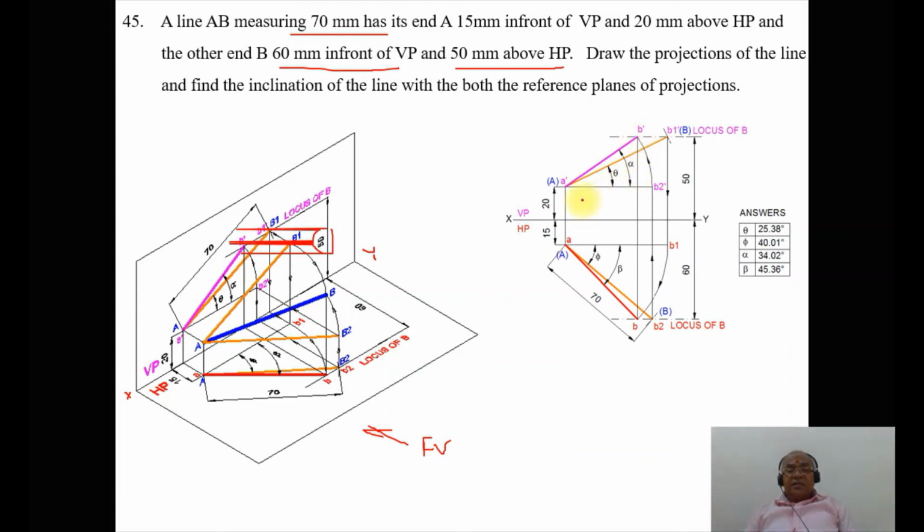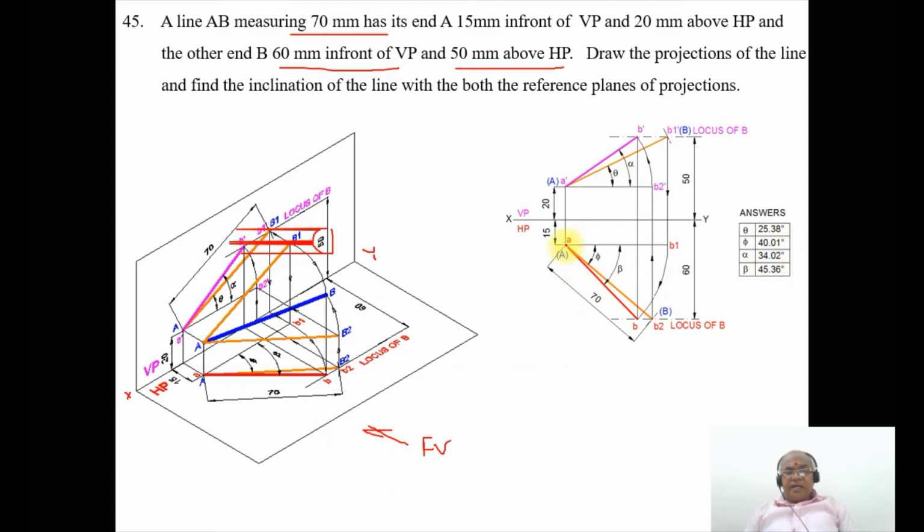And you mark the angles and the dimensions. So you mark this as theta and alpha and phi and beta. Theta and phi are the two inclinations with respect to HP and VP, and alpha and beta are the apparent inclinations with respect to both HP as well as VP. So by using the protractor you measure the angle theta, which will be 25 degrees, and alpha will be 34 degrees.